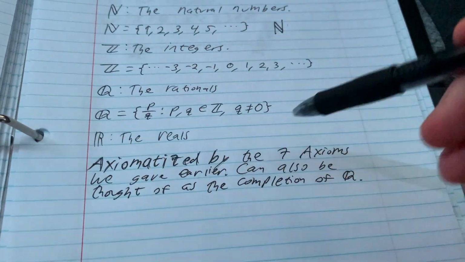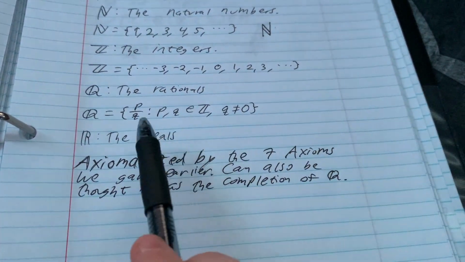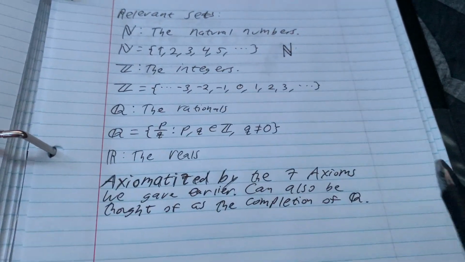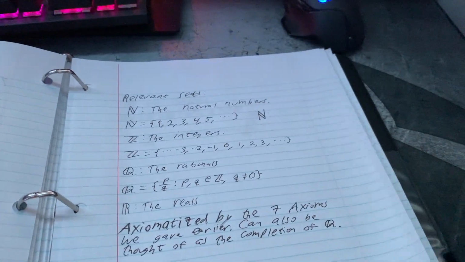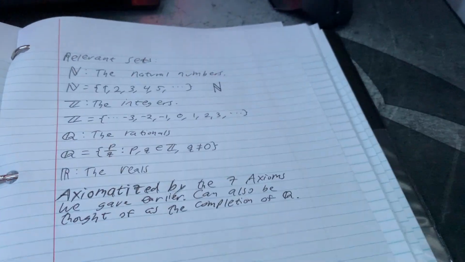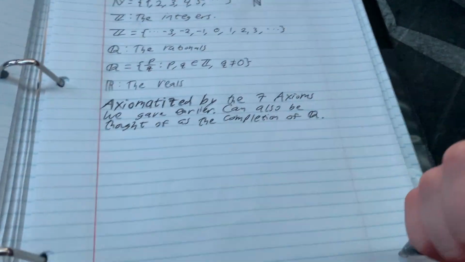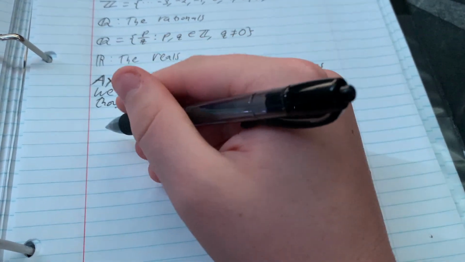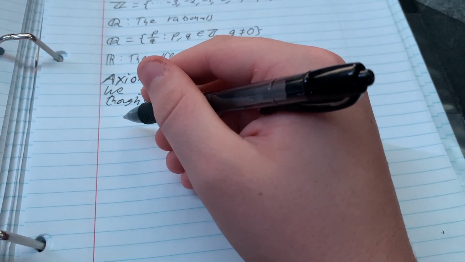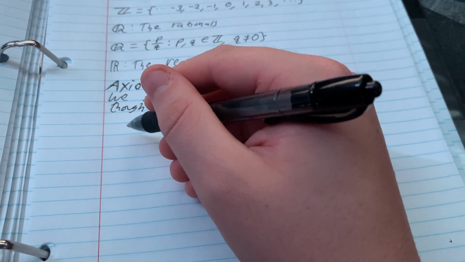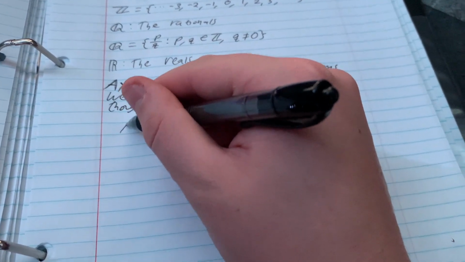We complete it by filling in all the holes and making a continuum, and that's the reals. That's really everything you need, except for the completeness axiom.